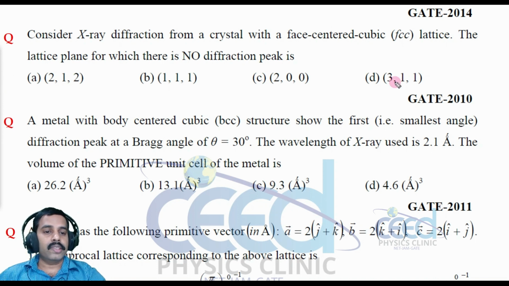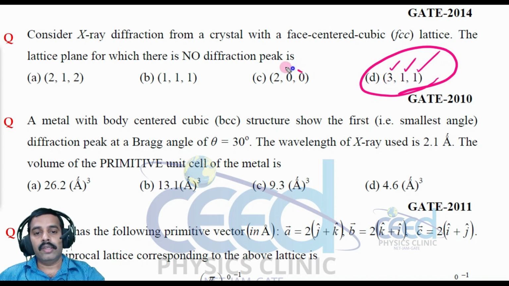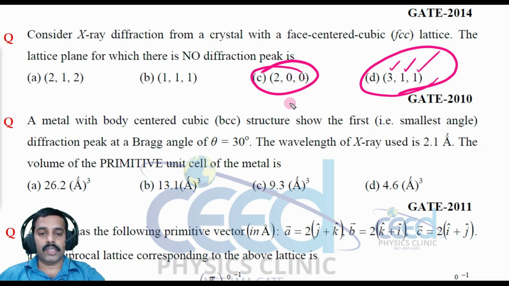So look into this. This is fully odd, so the diffraction peak from this plane is present. Here fully even, 0 we consider as an even number when dealing with lattice Miller indices. So all the HKL parameters are even, so diffraction from this plane is present.